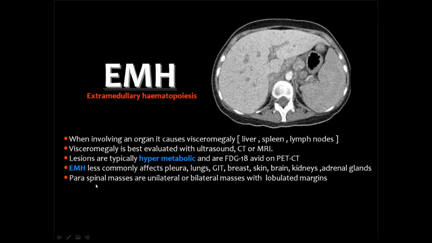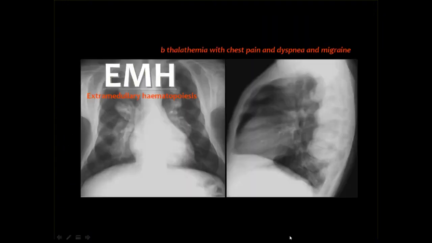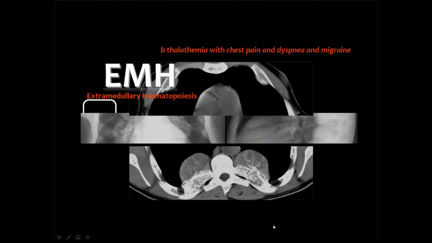The paraspinal masses are either unilateral or bilateral with a characteristic lobulated margin. This is a chest X-ray of a patient with beta thalassemia, chest pain and dyspnea, and you get paramediastinal lobulated soft tissue masses that are projected posteriorly in the lateral view.